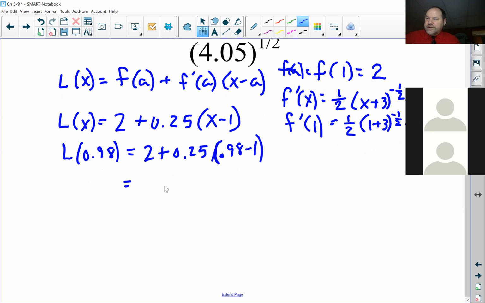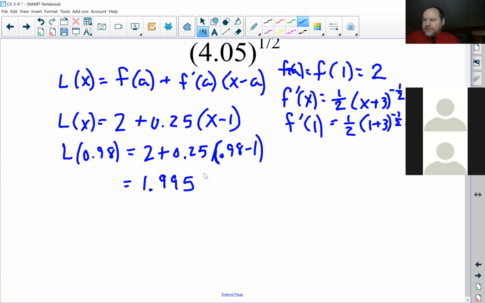And you could just very easily plug that into a calculator and get 1.995. Now, how good is that approximation?